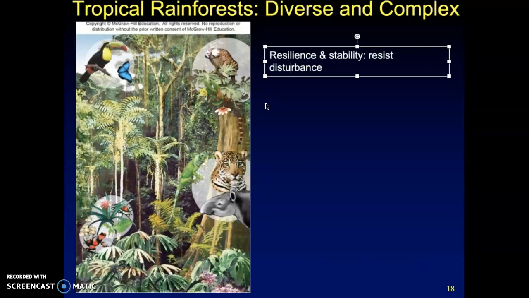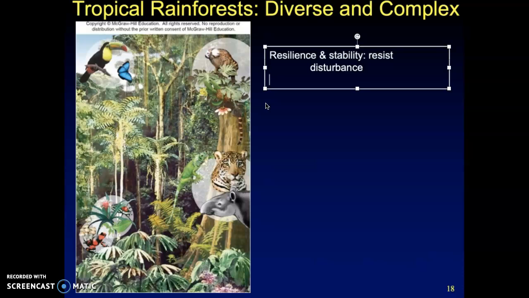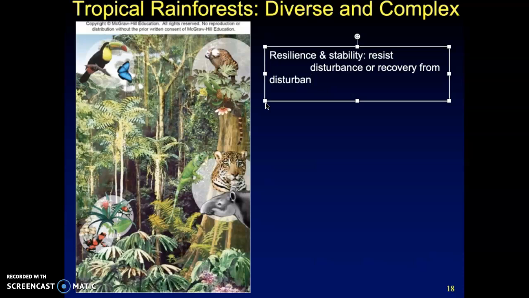They're not going to fall apart if there's a storm, a hurricane going through. Any major environmental factor won't completely disrupt and destroy the community. The hope is that it can resist disturbance or recover from disturbances. It often takes a long time for communities to reach this point of having this resilience and stability. And that's what we'll talk about when we get into climax communities in our next lecture here.